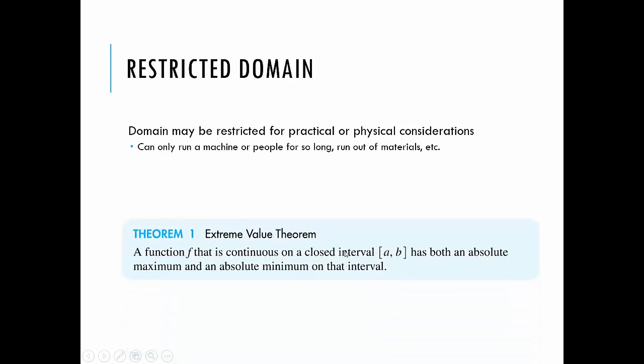The extreme value theorem says that a function that is continuous on a closed interval, in other words, I have a restricted domain, has both an absolute max and an absolute min. So if my domain is closed, notice these points are circled in, then I do now have an absolute minimum and an absolute max.